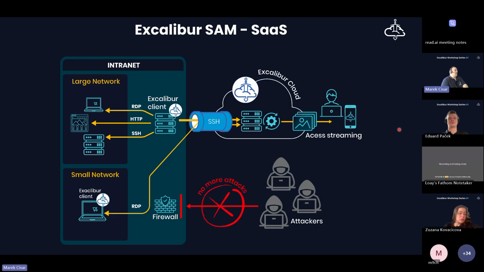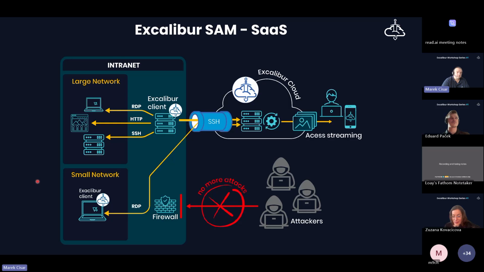Okay, so let's talk a little bit about Excalibur SAM, which is, by the way, deployed as software as a service. All you need is to install the so-called Excalibur tunneling client. You may need one, you may need one more, or you can deploy as many as you need. You can also deploy them on the endpoints themselves if needed.